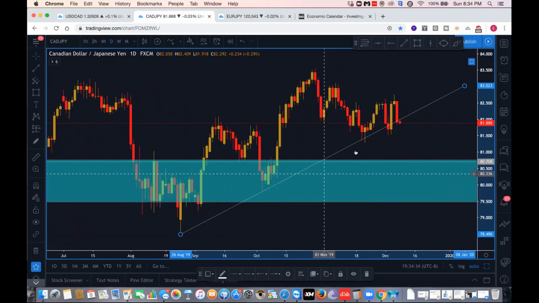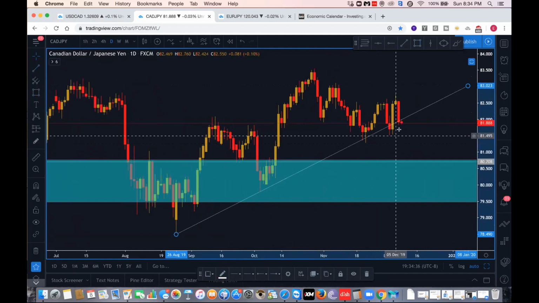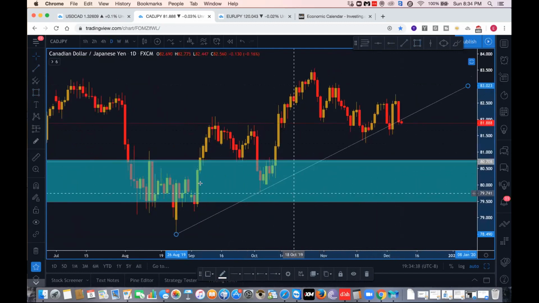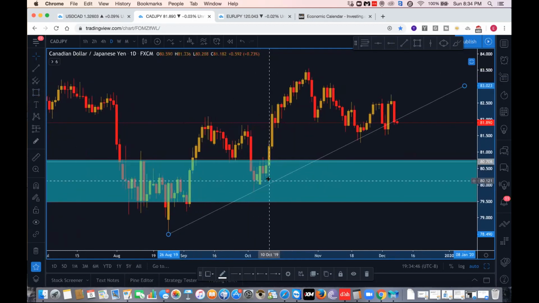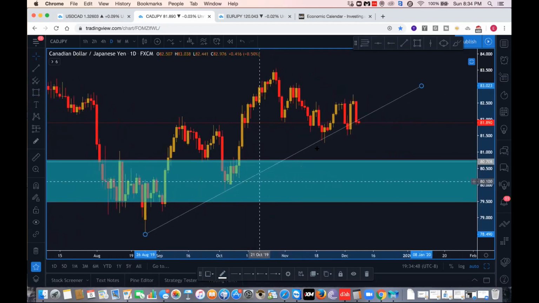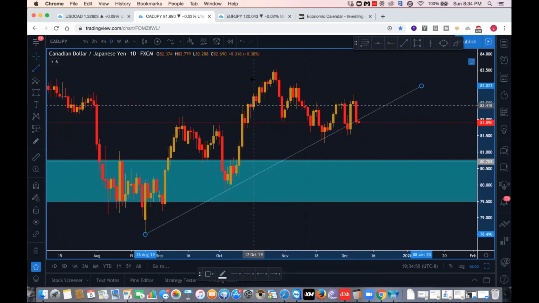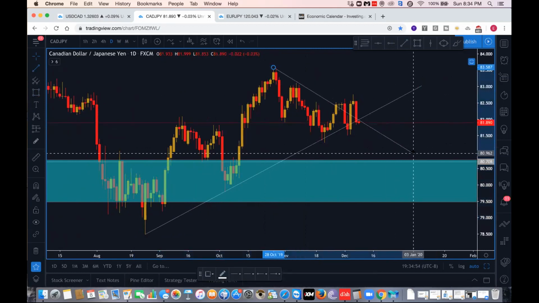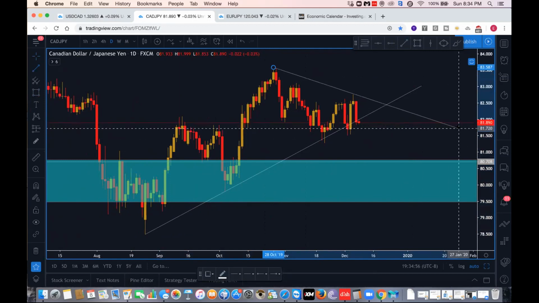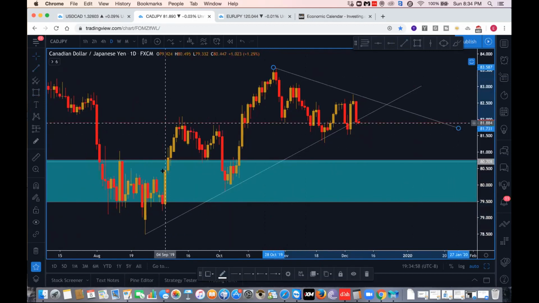Okay, so right now it's looking like we may get a break, but as long as these lows right here don't get broken, we're going to look for more bullish sentiment. And also you possibly can draw a smaller descending trend line like that.